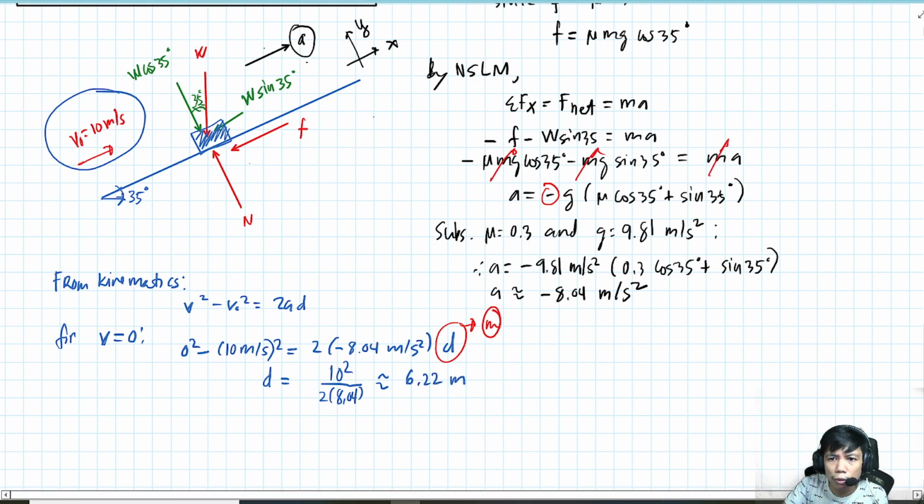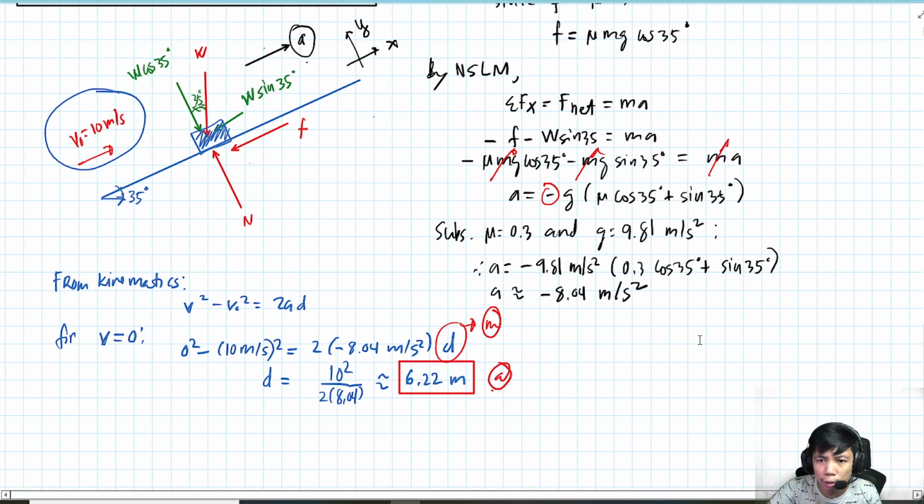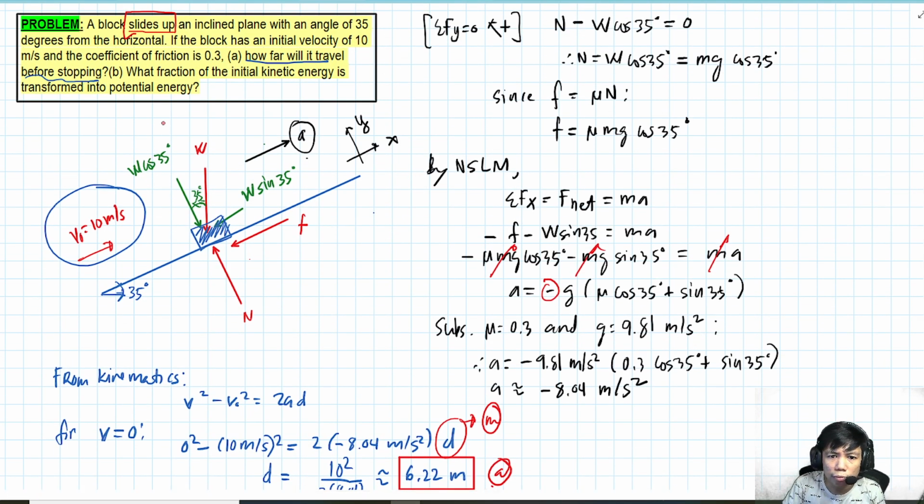So, yan yung sagot sa ating part A na tanong, which is the distance traveled. Now, for the second part, hinahanap yung fraction of initial kinetic energy which was transformed into potential energy.